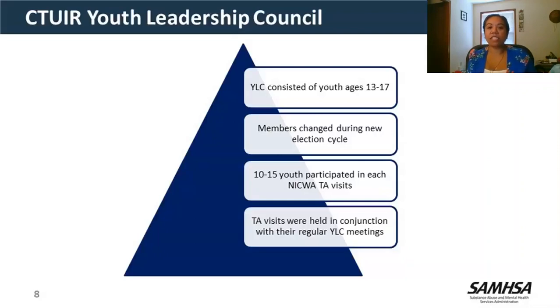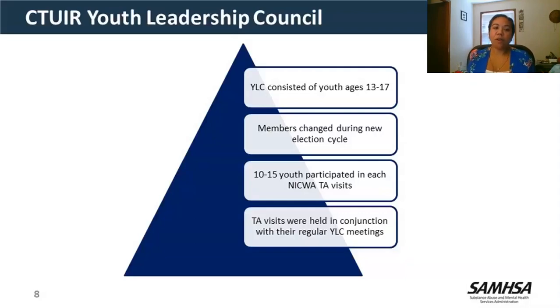Some returning members came back, and some new members joined as well. Some people aged out, or were in their senior year of high school and had busy years, so they stepped down, and new members came in.